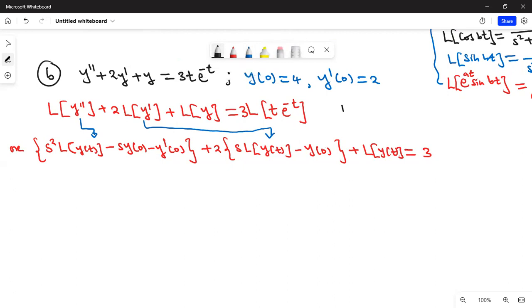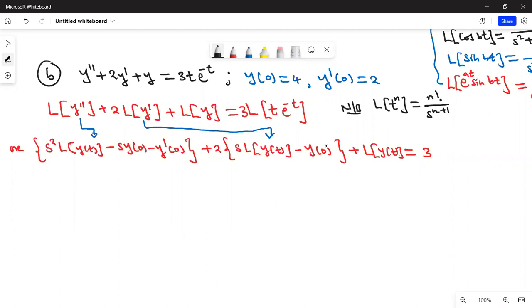I want us to take note that the Laplace transform of t raised to n is the same as n factorial over s raised to n plus 1. When you transform a polynomial, that's what you need to get in general.